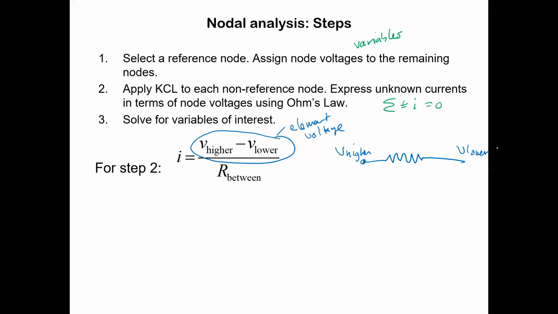The polarity is that V higher has a plus sign in front of it, so that has the plus side of the element voltage, and V lower has a minus sign, so there's a minus at that node. That's the element voltage, the difference V higher minus V lower.